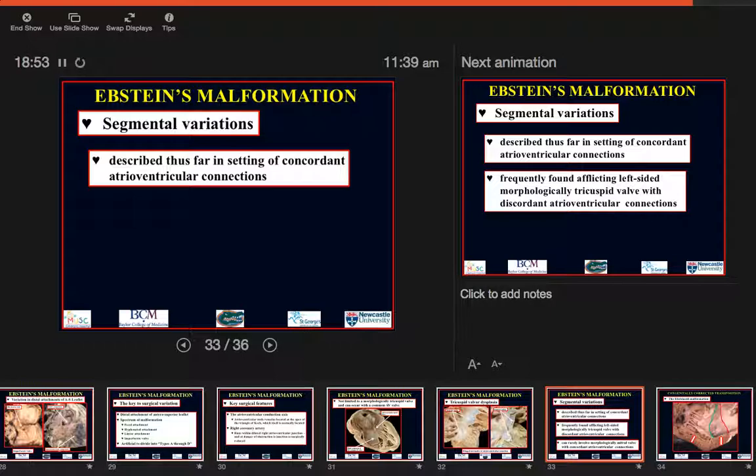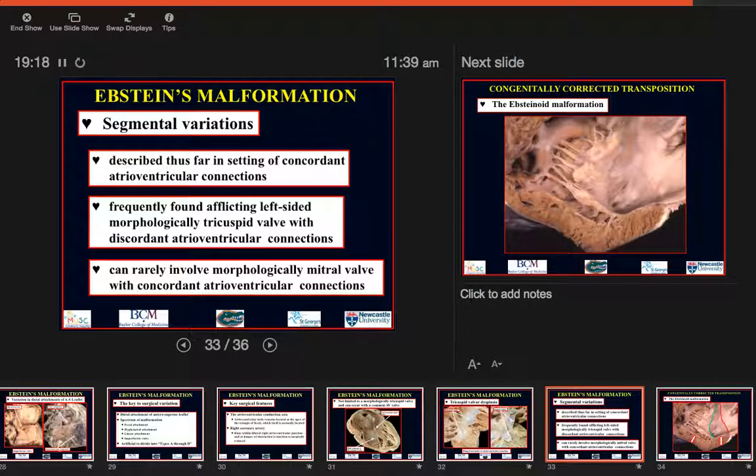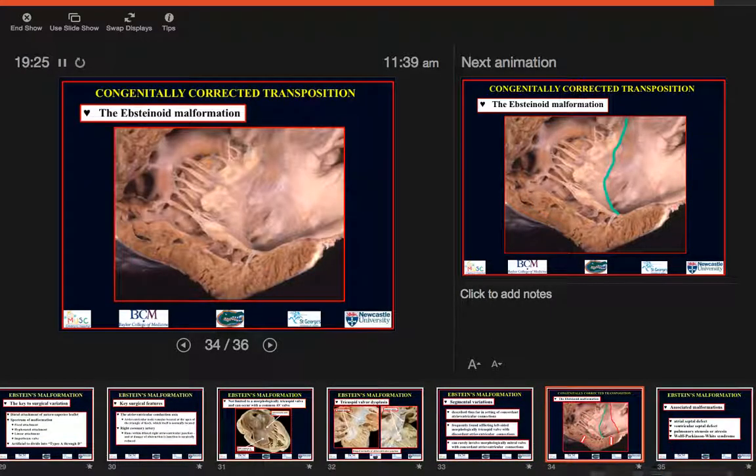And remember that thus far I've shown you the findings in the setting of concordant atrioventricular connections. This afternoon we will discuss discordant atrioventricular connections, and then typically it is the left-sided morphologically tricuspid valve which shows the so-called Ebsteinoid features. And very rarely, the normal morphologically mitral valve can show Ebstein-like malformations.